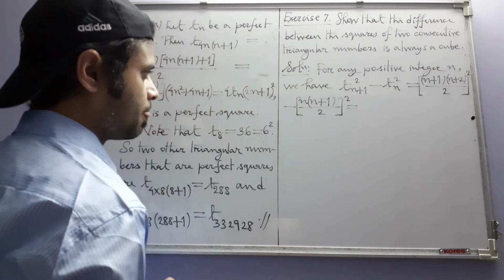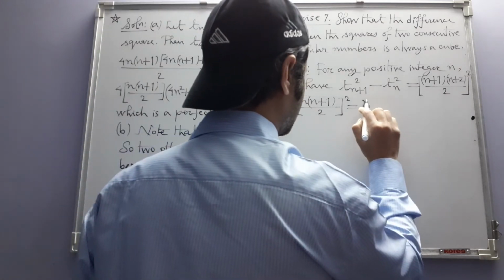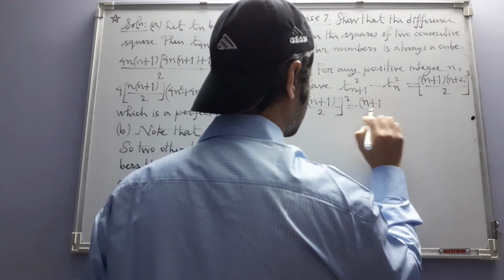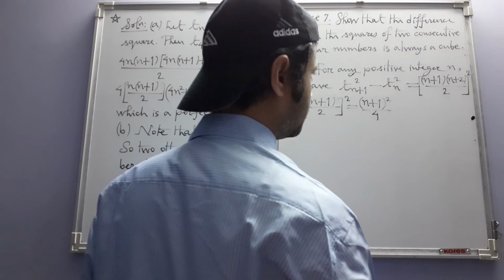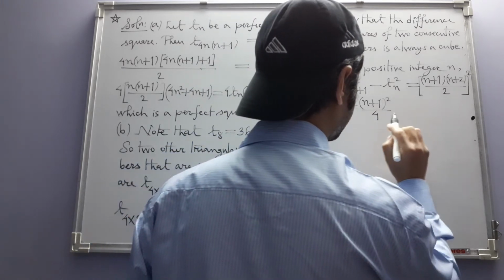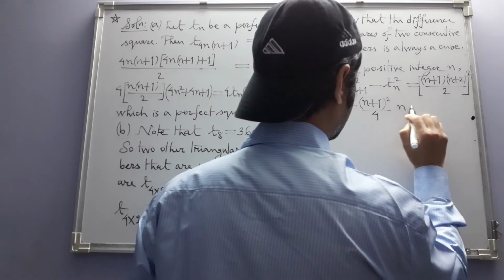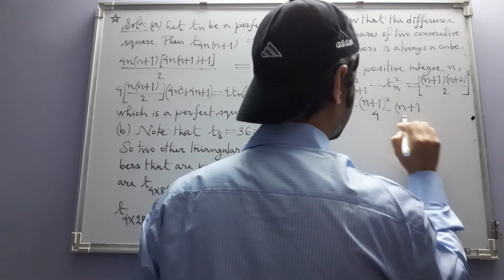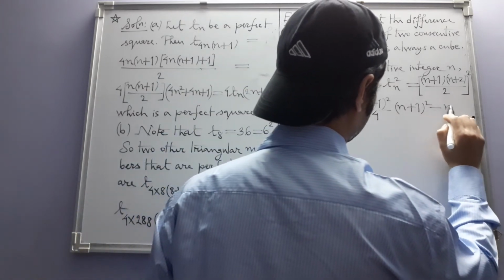Okay, so we can take n plus 1 whole square divided by 4 common out, and we will be left with what? n plus 1 whole square minus n square.